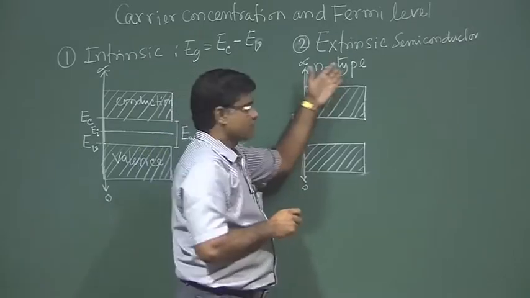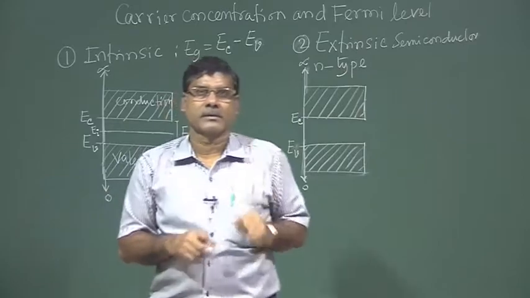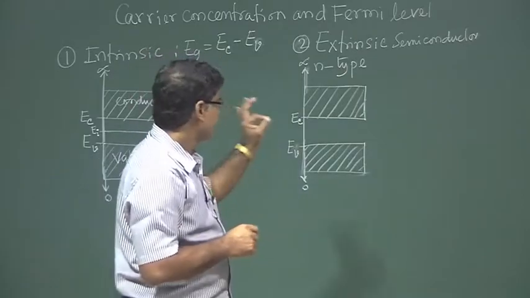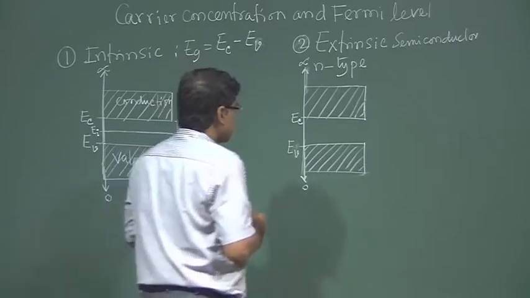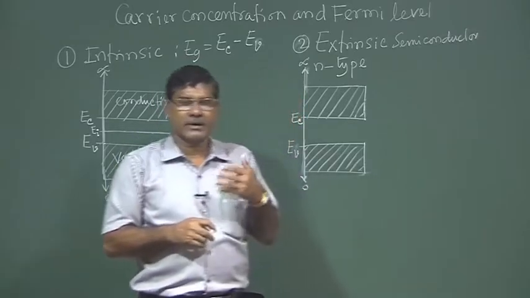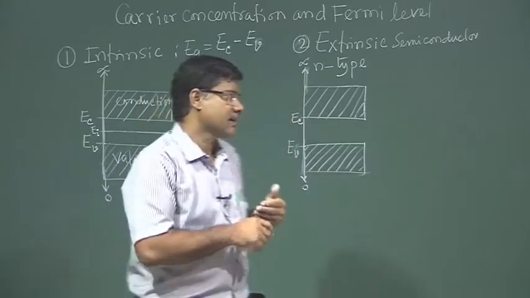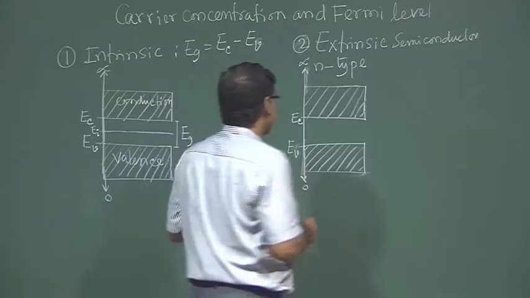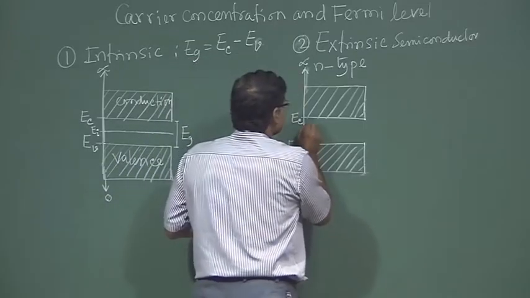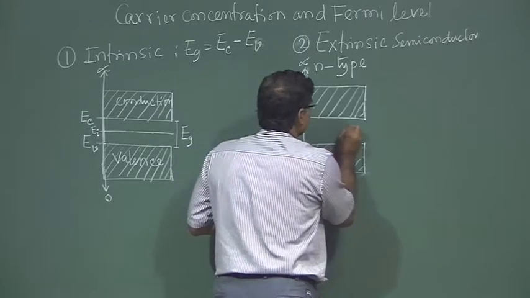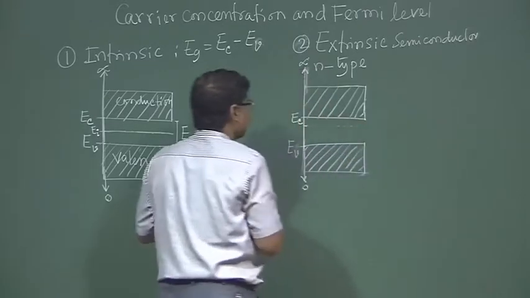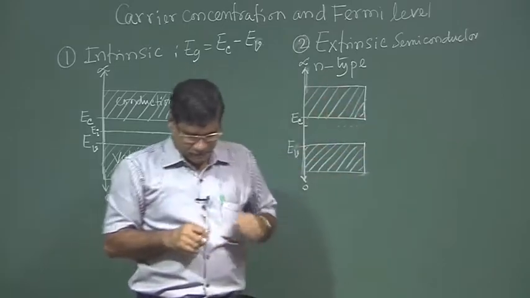Now for n type, a pentavalent impurity we have doped, so that is called donor. It can donate an electron to the conduction band, and it is assumed that this donor energy level is close to the conduction band.